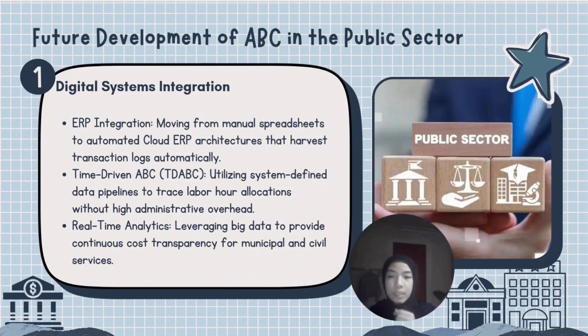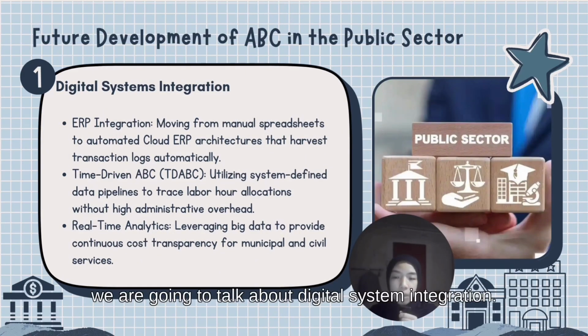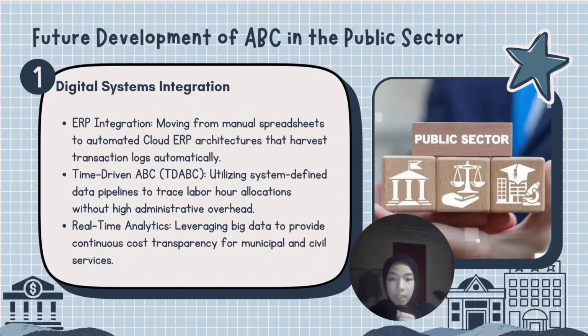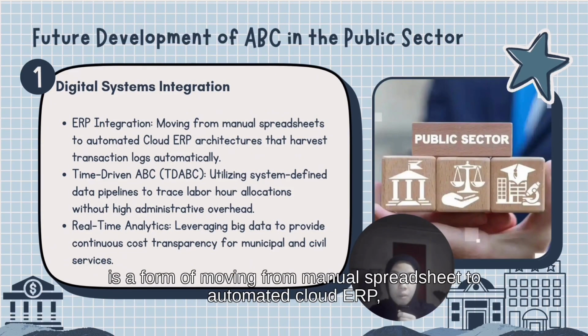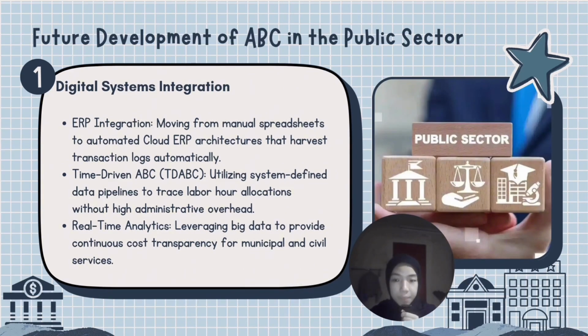And for the last slide, we are going to talk about the future development of ABC in the public sector. Firstly, we are going to talk about digital system integration. There are three things in digital system integration. The first is ERP integration, a move from manual spreadsheets to an automated cloud ERP architecture that harvests transaction logs automatically.